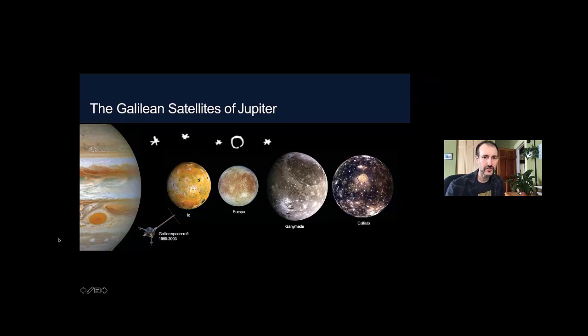And you can see there's a progression in their size and in their level of alteration, with Callisto being the oldest, as indicated by the high abundance of craters. Io being the geologically youngest, with its active volcanic surface, with more active volcanoes than Earth has.